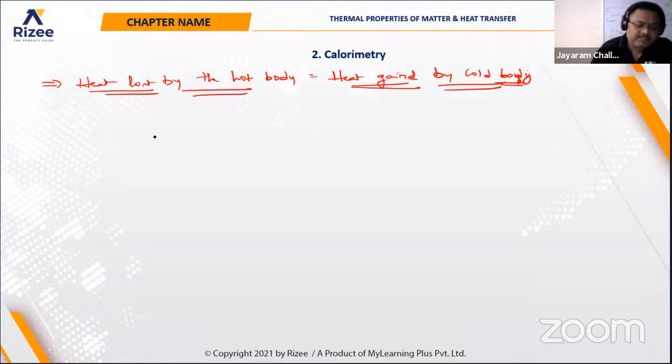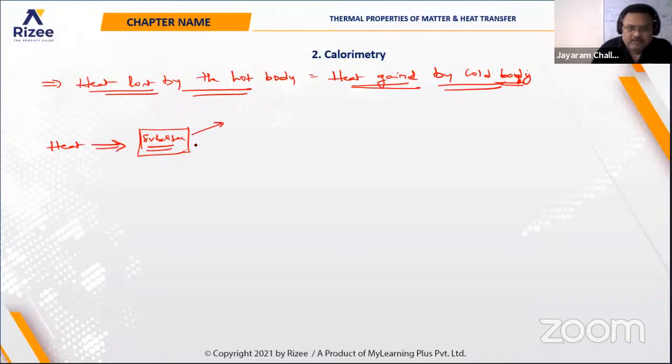Whenever heat is supplied to any particular substance, it can be utilized in two different ways. One is a rise in the temperature. The second is a change in phase, that means from solid to liquid or liquid to gaseous state.